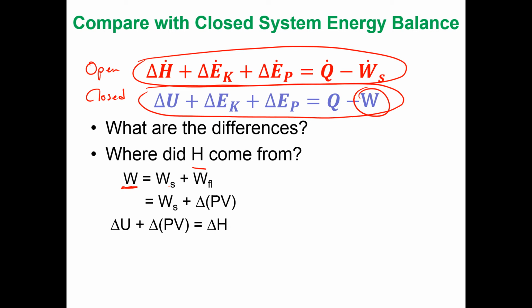But that is equal to the shaft work plus the flow work, and that is equal to the shaft work plus this delta PV, and then we defined enthalpy as H equals U plus PV. So this equation and this equation are actually going to be equivalent. We just put them in different forms based on if it's a closed or open system.